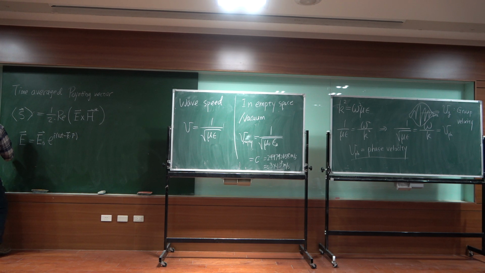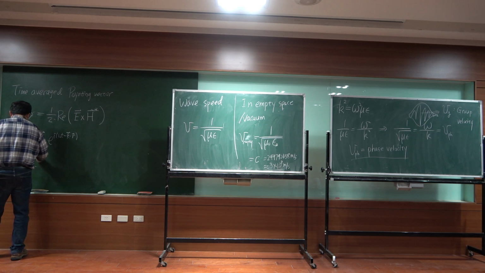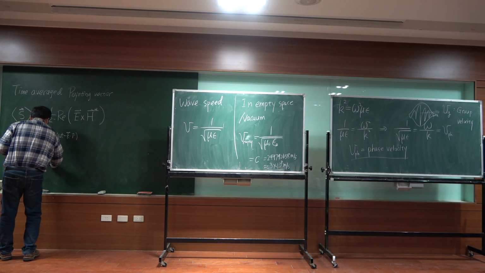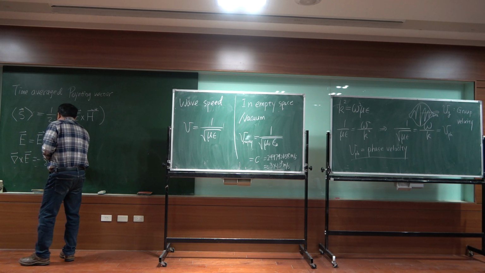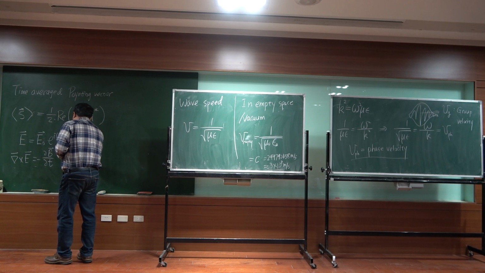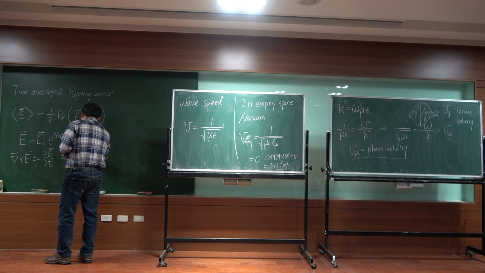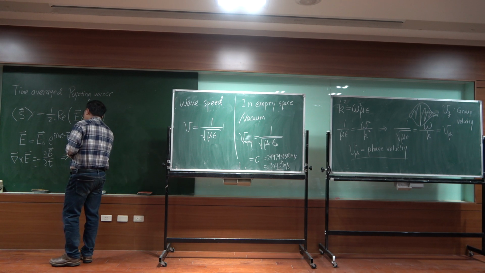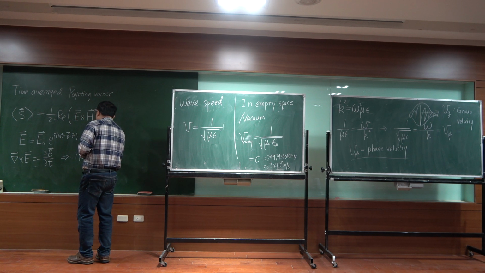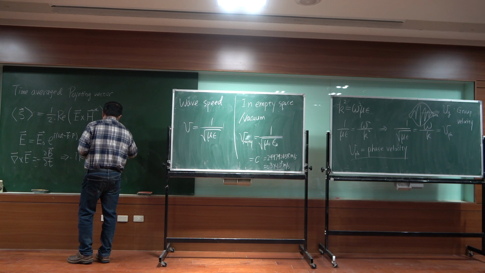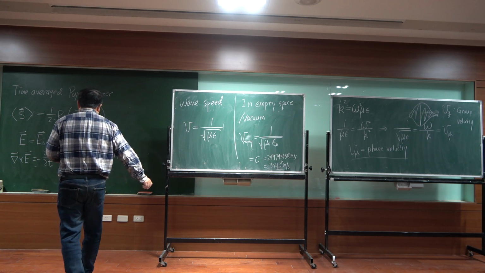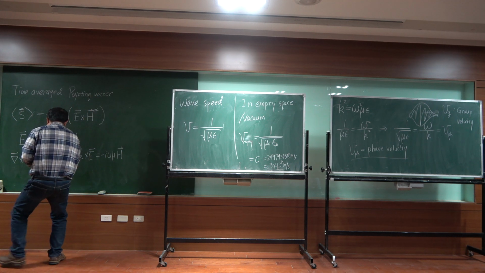According to Faraday's induction law, we find that minus ik cross E is equal to minus i omega mu times H. So now we know what H is.